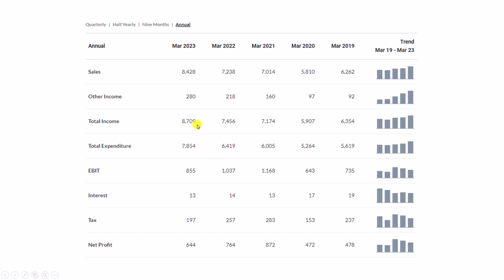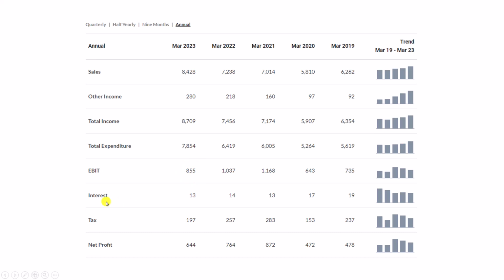Okay, this minus this is this. As simple as that. This minus this is this. And this is EBIT. EBIT. Earnings before interest and tax. Okay, EBIT. This is how much the company has made before giving interest and tax.